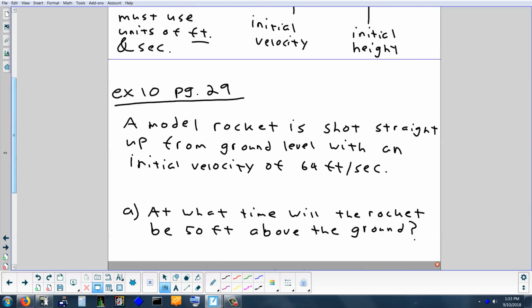Now, if you're firing an object from ground level, assuming that the rocket goes higher than 50 feet, how many times will it hit 50 feet? Okay? Twice. It's going to hit it on the way up and on the way back down. As long as 50 feet wasn't the maximum, then it would hit it once. But this is going to go higher than 50 feet.